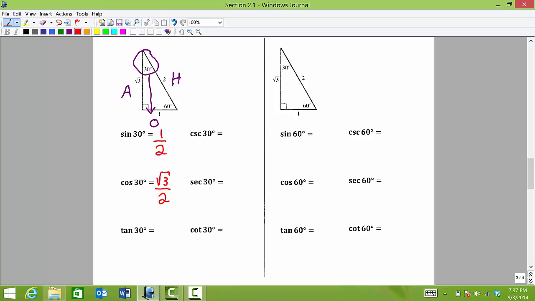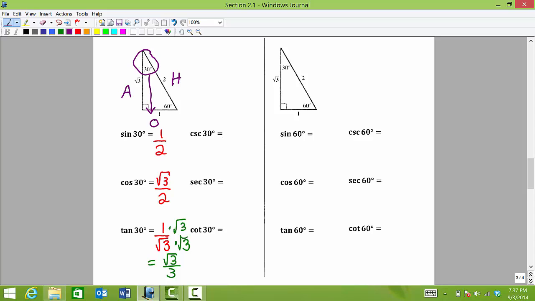And tangent is the opposite side over the adjacent side, so 1 divided by the square root of 3. And of course, we are going to find the rationalized version of this. So the tangent of 30 degrees will be square root of 3 divided by 3.